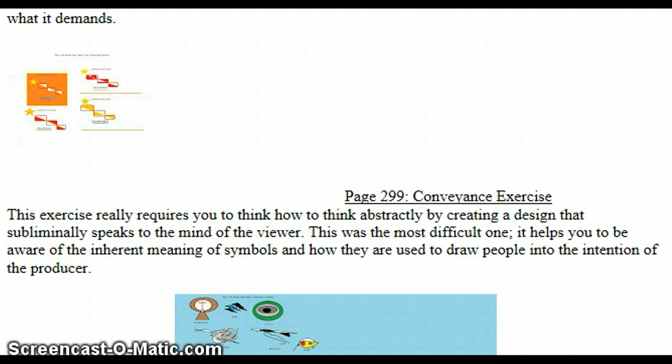So thinking about what he says about universal concepts, universal ideas that cross all cultures. Of course, the circle and triangles and all that are part of the collective consciousness, as he calls it. This exercise really requires you to think abstractly, and by creating design that subliminally speaks to the mind of the viewer. And this was the most difficult one for me.